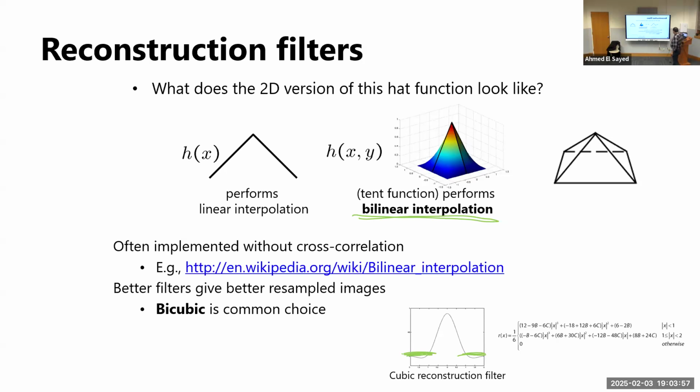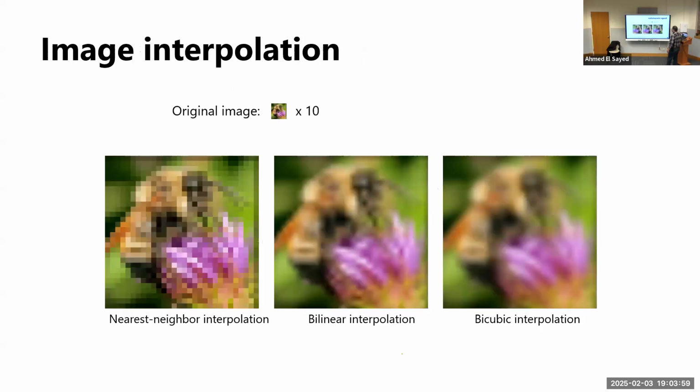Okay? Now, if we use the nearest neighbor on the image and the bilinear and the bicubic, which one looks better? This one is too pixelized. This one is okay, but there are still some pixelized places. This one is so smooth. Okay?